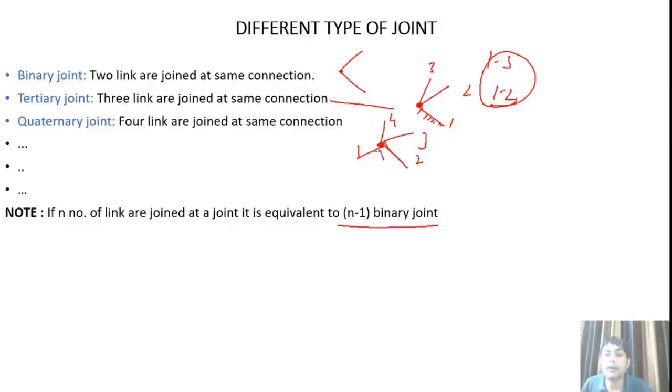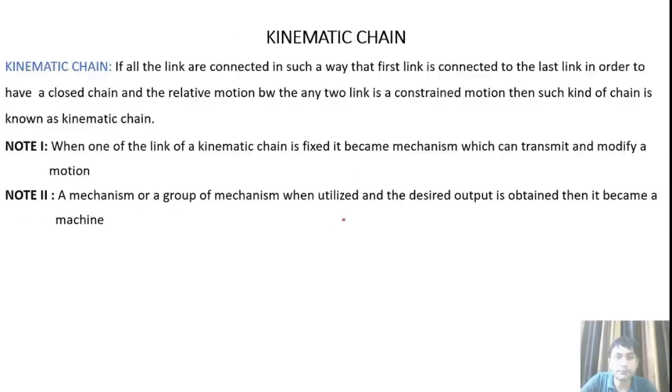If I fix 1, then 1 and 4 is one binary joint, 1 and 2 another, 1 and 3 another, a total of 3 binary joints. So if n number of links are joined at a joint, it is equivalent to n minus 1 binary joints.